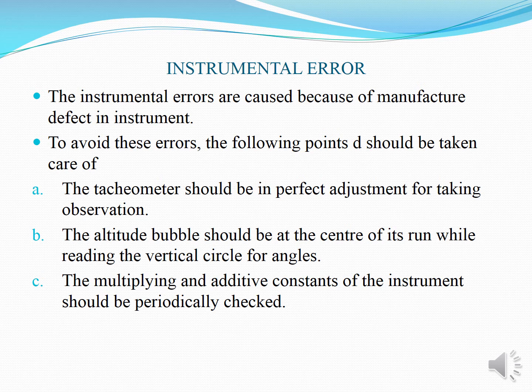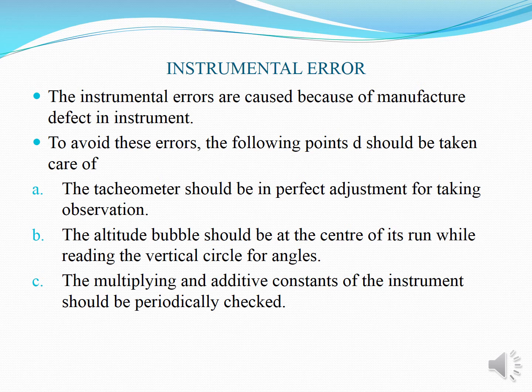To avoid these errors, the following points should be taken care of. First, the tachometer should be in perfect adjustment for taking the observation. By adopting these points, we can easily avoid this type of instrumental error.